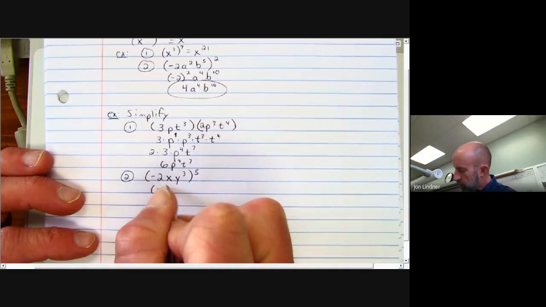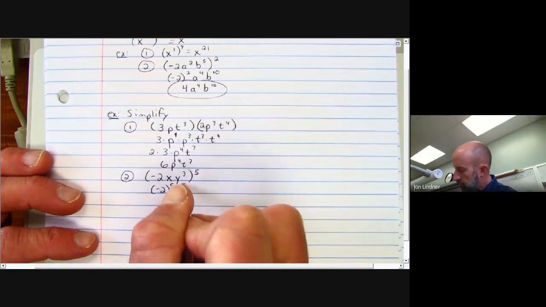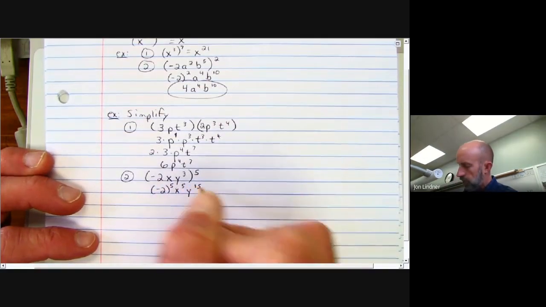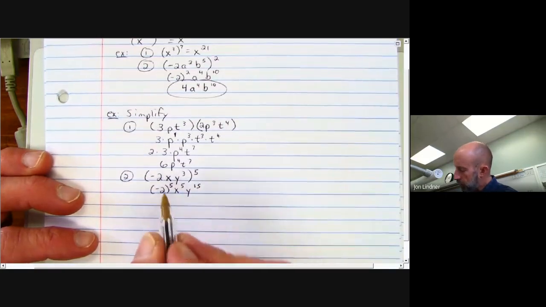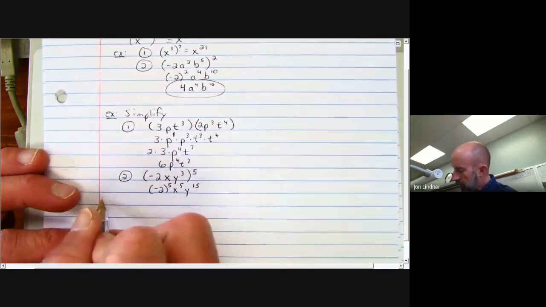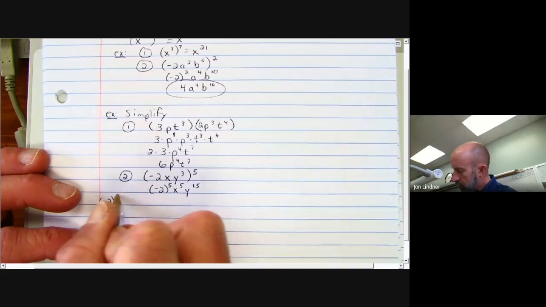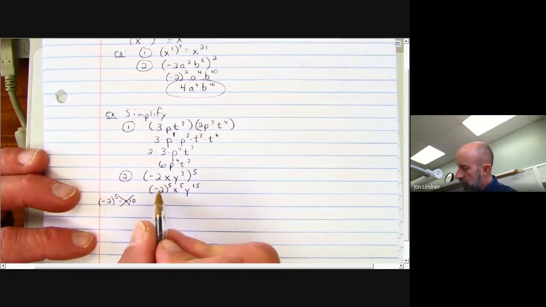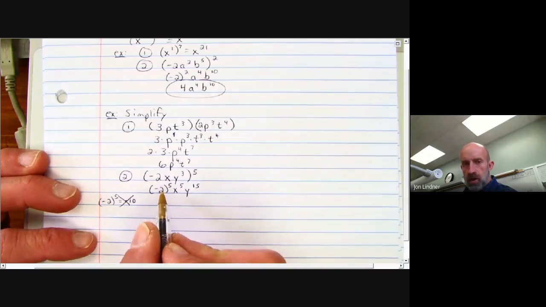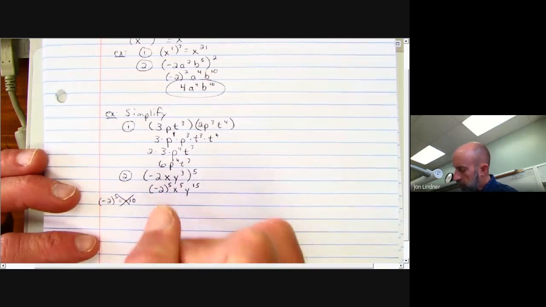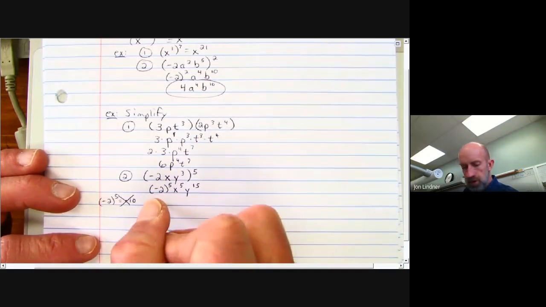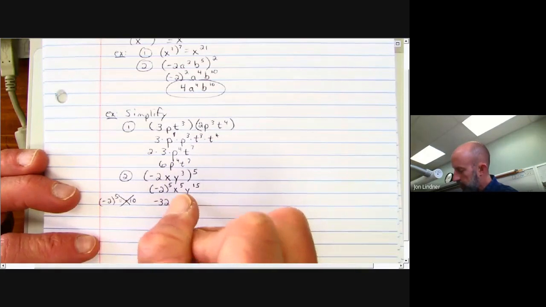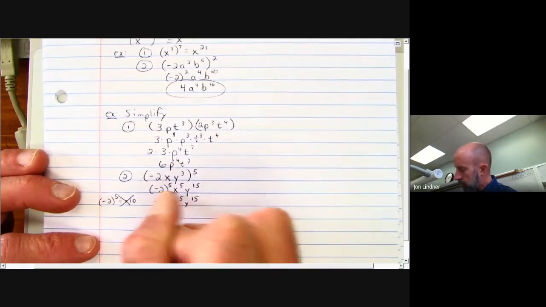This is -2 to the fifth, x to the fifth, y to the 15th. -2 to the fifth, that is not -10. That's bad. This is -2 times -2 times -2 times -2 times -2. You know what I mean? This is -2 to the fifth. All right. So this is -32. X to the fifth, y to the 15th.